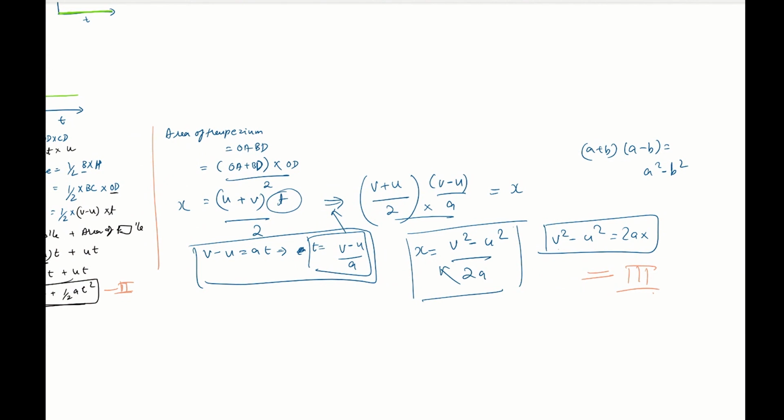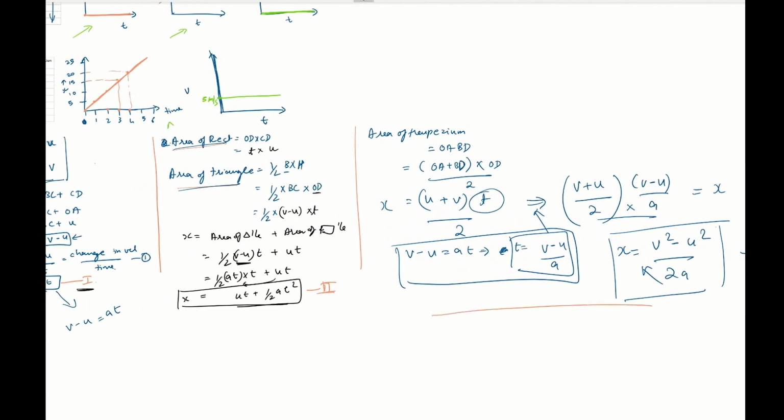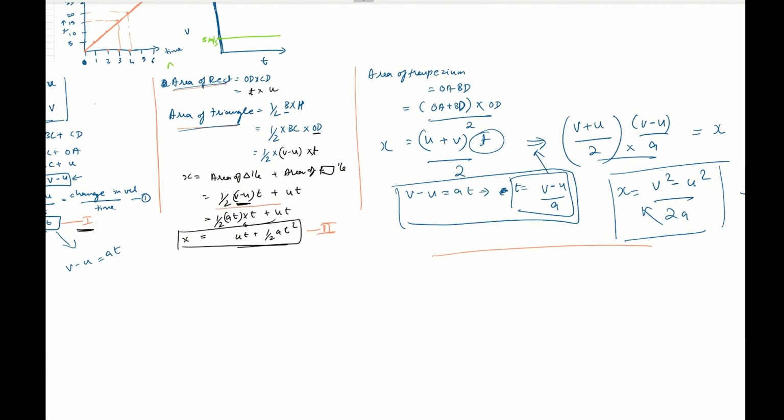So the way we'll do that is, let's just start from here again, right? So let's take the area of triangle and area of rectangle again. Okay, so you have x is equal to, sorry, I'm going to write it with a black pen. X is equal to half v minus u times t plus ut, right? We're simply going to open the bracket.